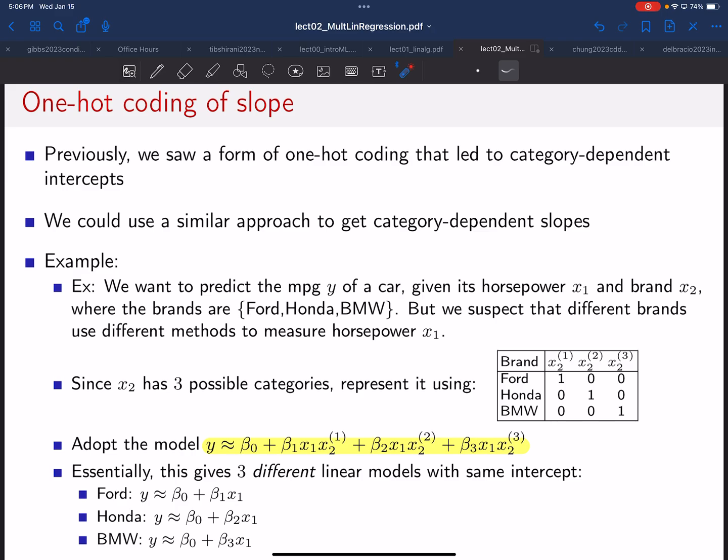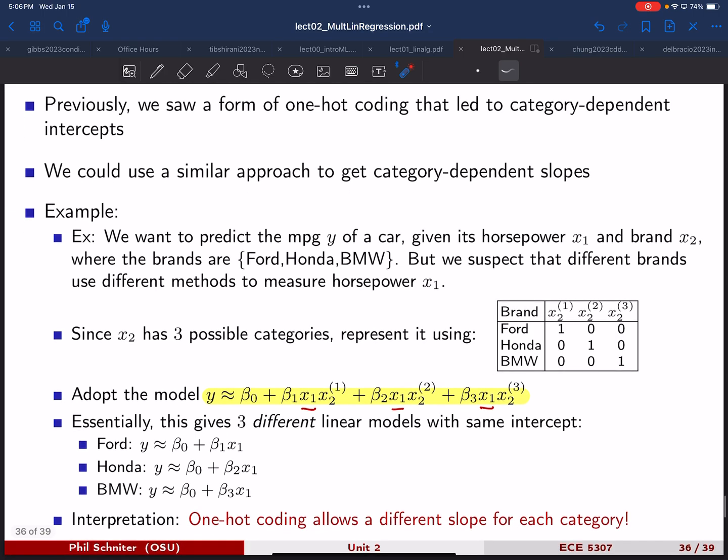Notice that over here we have the x1 variable inserted in there. Using the same logic as before, the Ford samples have 1, 0, 0, so they all look like this. Then the Honda samples have 0, 1, 0, so they look like this. And then the BMW samples look like this.